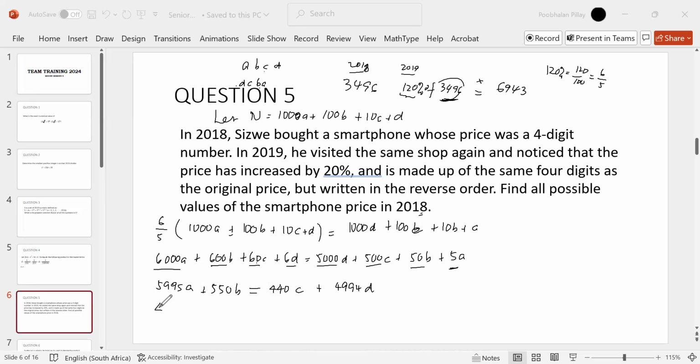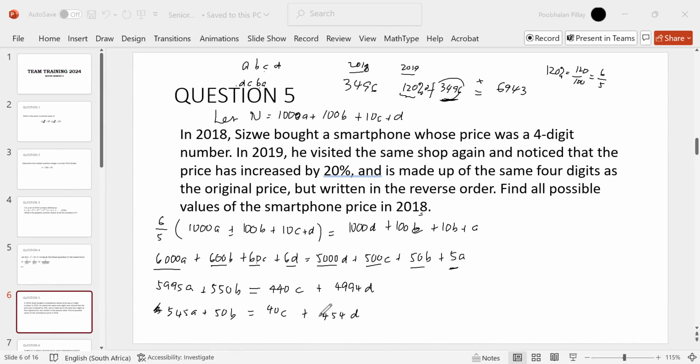So we get 545A plus 50B, I'm dividing by 11, equals 40C. 11 goes into that. Now this thing here is 454D if you divide it by 11. Okay, now you can see the monster is now being tamed.